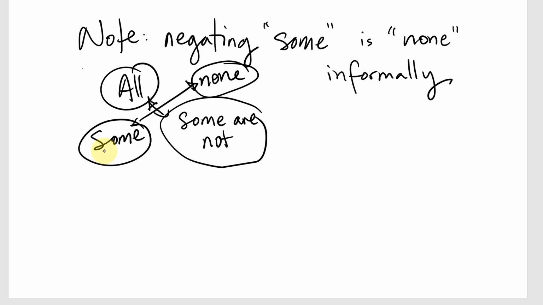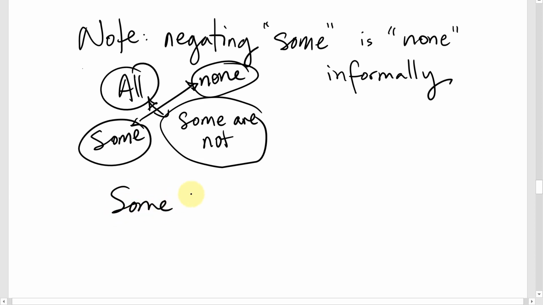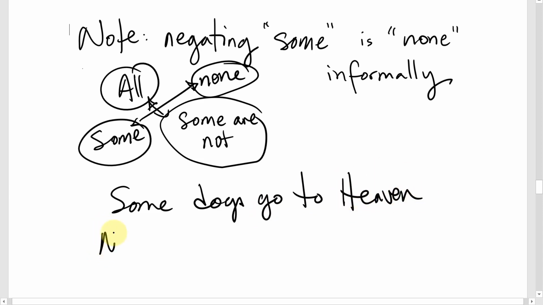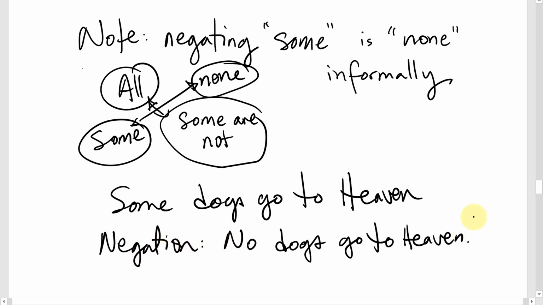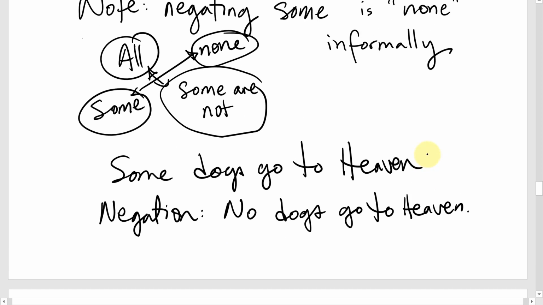So let me give a real simple example of the point I'm making here. Suppose you had: some dogs go to heaven. The negation in everyday language is: no dogs go to heaven. However, in a more formal language, I would change that.